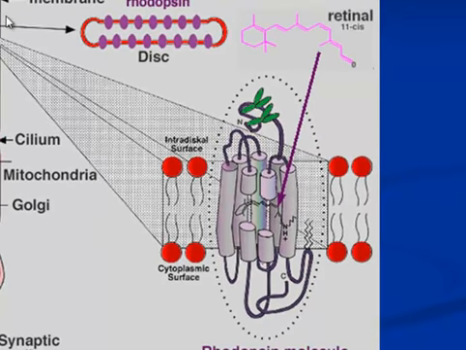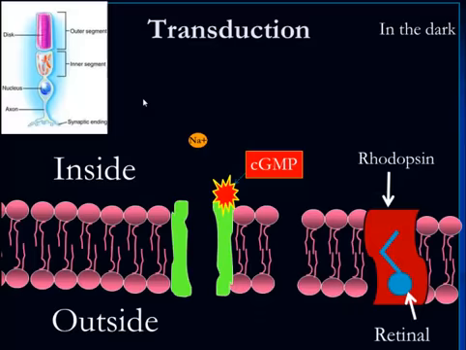This is a molecule that changes when light strikes it. It's very rare, in terms of our body, that light affects a molecule in this way. What we're going to do is hit that with light, change its shape, and that's going to cause a chain reaction which will ultimately affect action potentials.